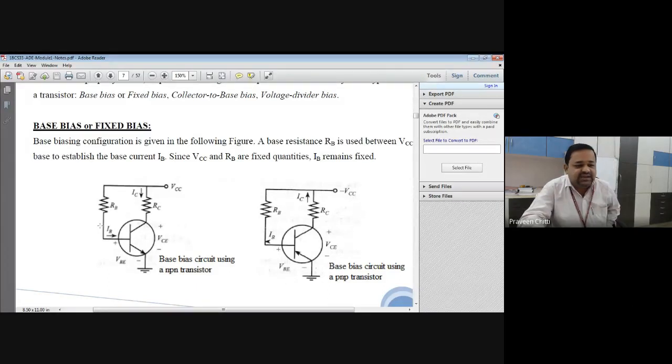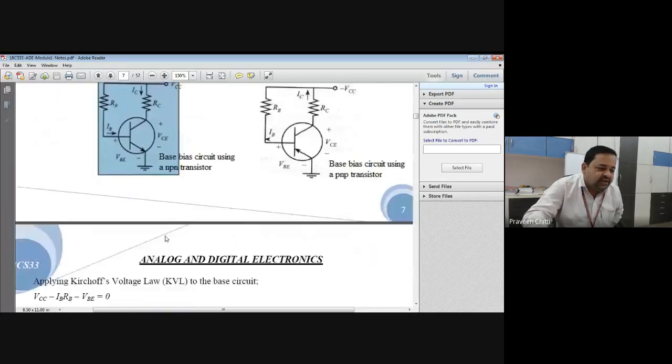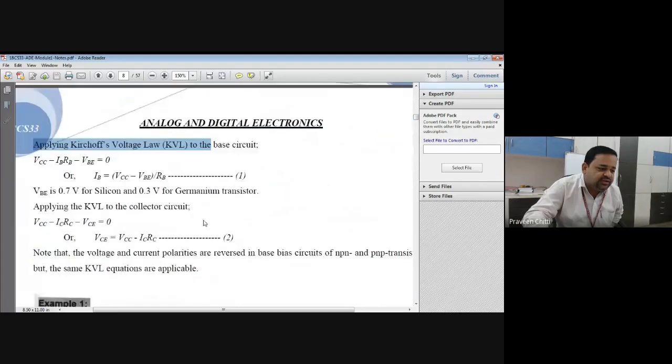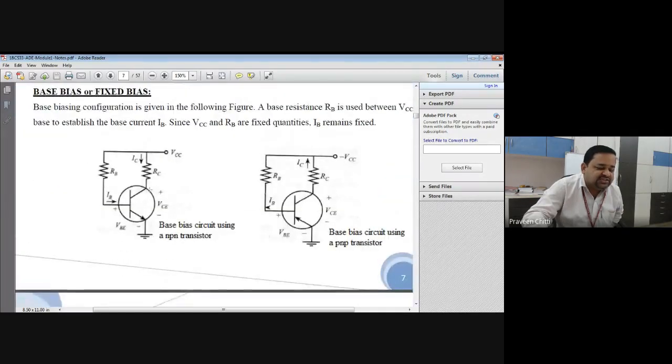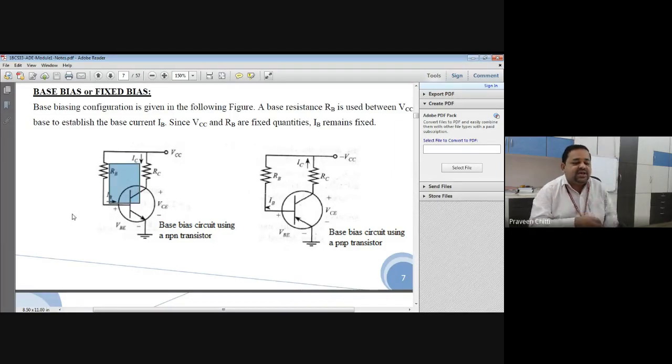Whether they ask mathematical analysis or not, first you have to draw this circuit, then apply KVL to the input, KVL to the output, and get these equations. And you have to write just 2-3 lines saying that when the resistor RB is connected, a fixed amount of base current starts flowing, and that fixed base current gives rise to a fixed collector current, because IC and IB are related by IC equal to beta times IB.